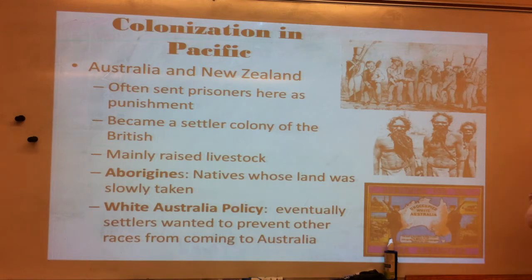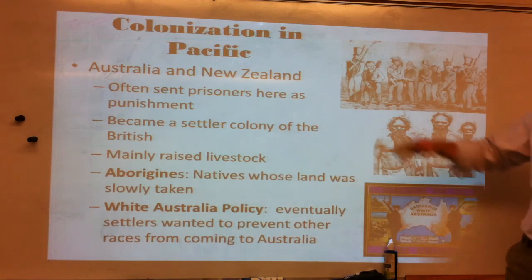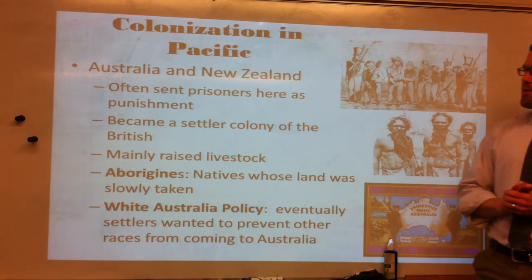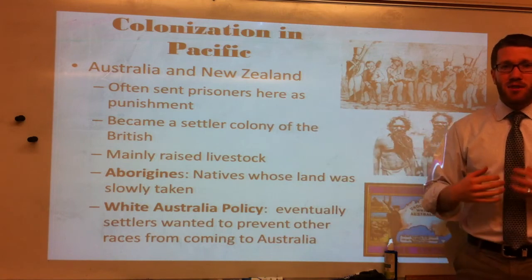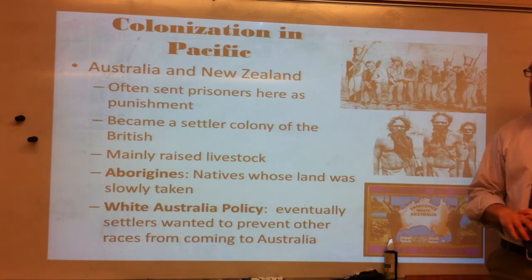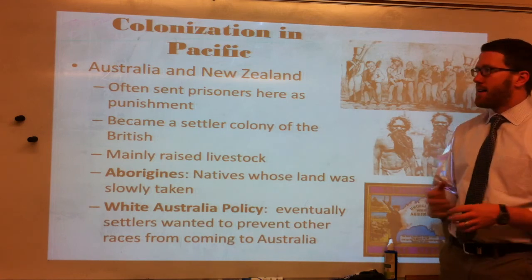The Pacific and the Pacific Islands were also conquered at that time, especially Australia and New Zealand, both conquered by the British. Australia originally was used as a place to send prisoners. They would exile their prisoners to Australia, and that's where they had to live as punishment. It's a very dry, hot climate.